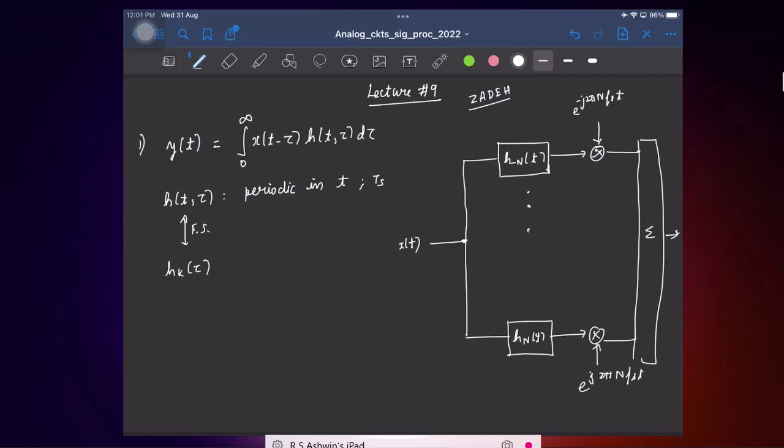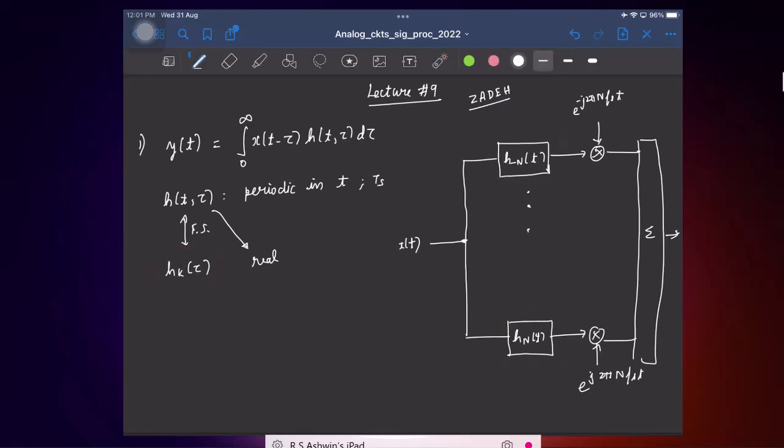One point to notice: we deal with real systems, so the impulse response h of t comma tau is real, right? But what about these impulse responses? Can you comment on them? They need not be real, right? Because they are the Fourier series coefficients of the real impulse response, they could be complex.